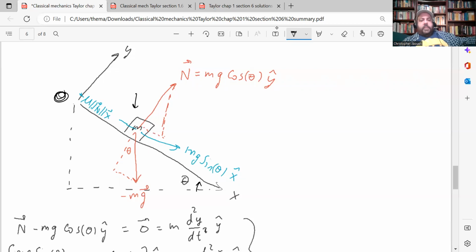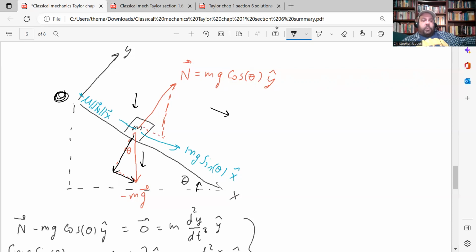The mass is sliding down this way because gravity is pulling it down. So we have a component of gravity in the x direction and a component of gravity in the y direction. The pull due to gravity is negative mg, pulling straight down. For the components in the x and y directions, we have to take into account theta.